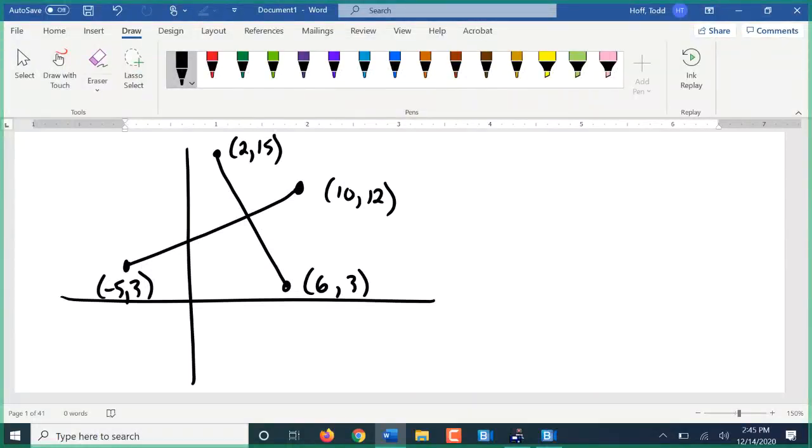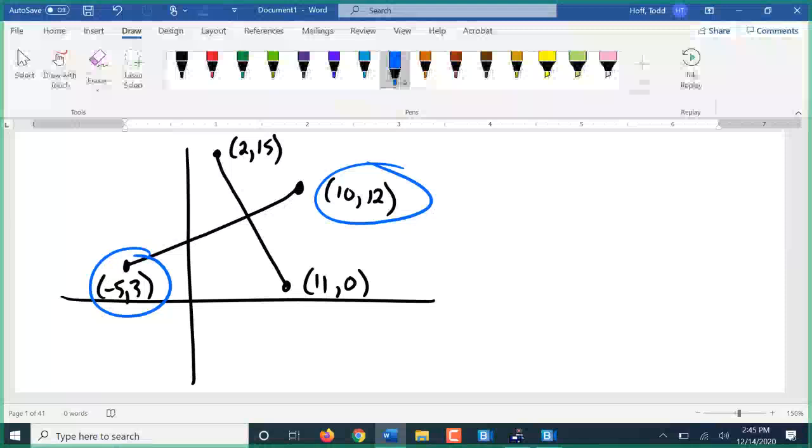Actually, that's not going to work, is it? Let me try that again. We'll call this 0 and 9,11. I know the points don't match up, but anyway.